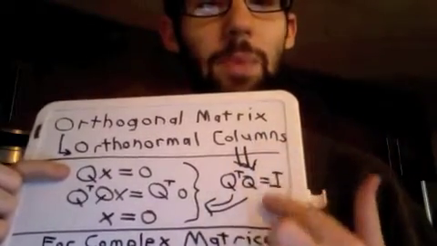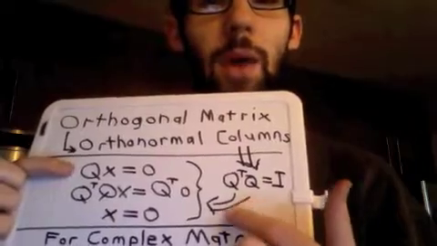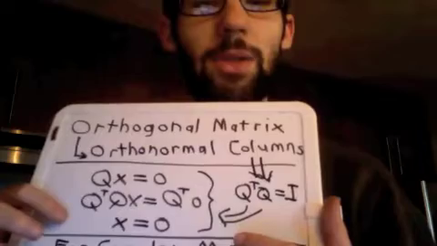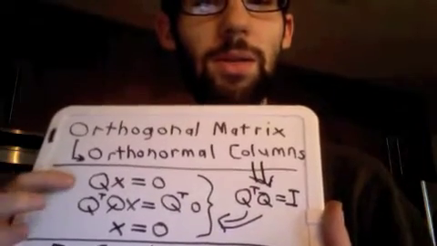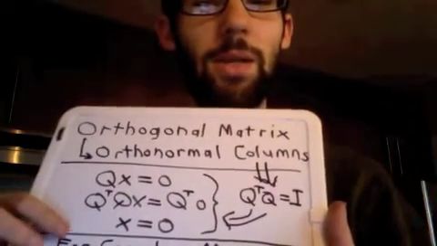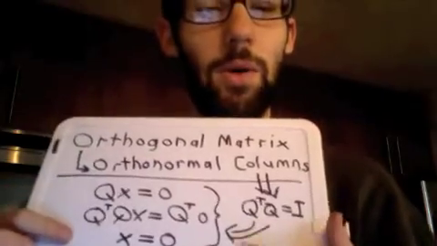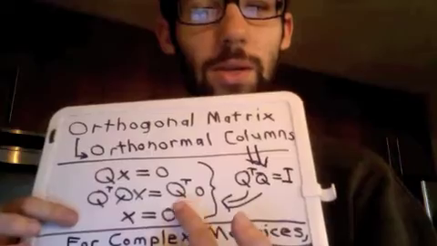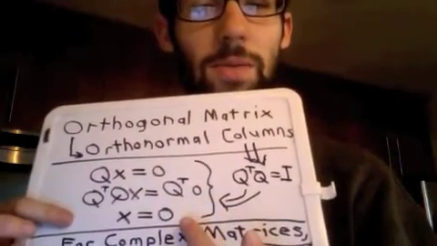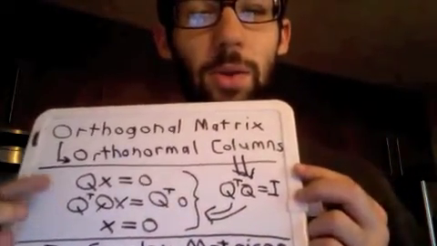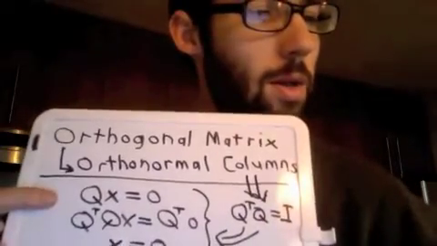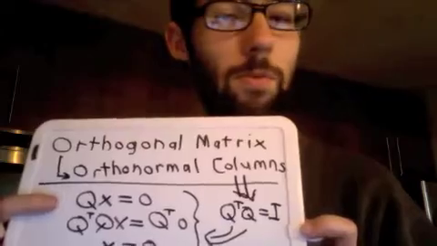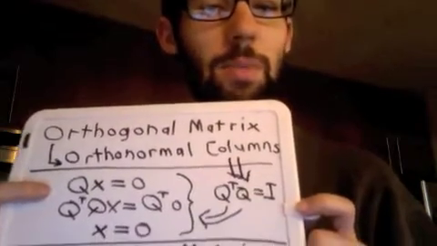This defining property is how we conclude that the only solution to this equation is actually x equals 0. It's because this equation is equivalent to the identity times x is 0. Any matrix Q transpose times 0 does give 0. So that's the proof that a set of orthogonal vectors is independent.